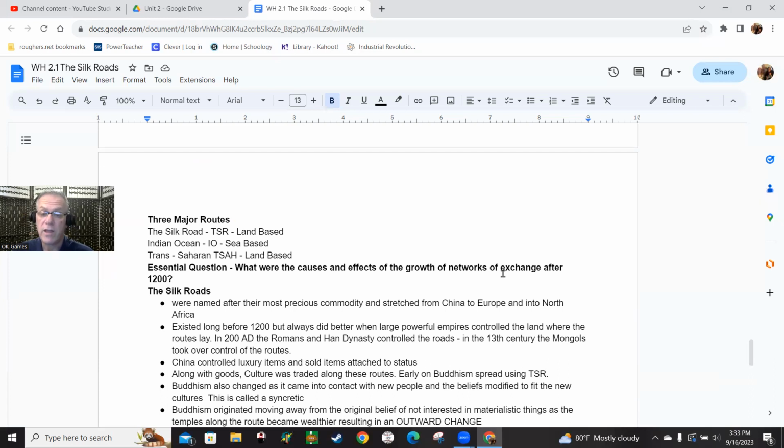That made the route safe. So that's a big cause of the increase in trade. The effects are increases in technology, modification of religions, especially Buddhism. And you have, again, gunpowder, astrolabes, compasses, paper money, banking systems, lines of credit. These are economic changes that all result from the effects of the Silk Road.